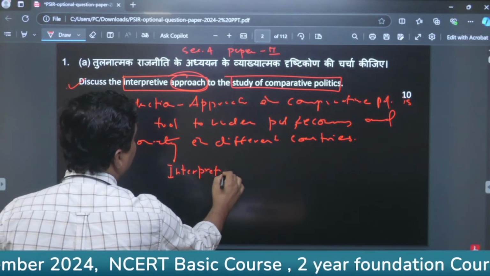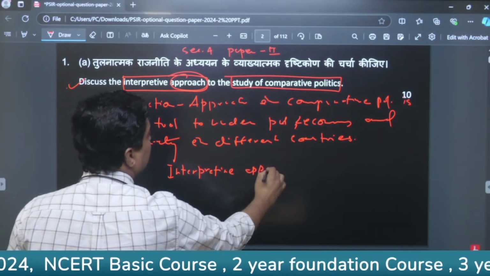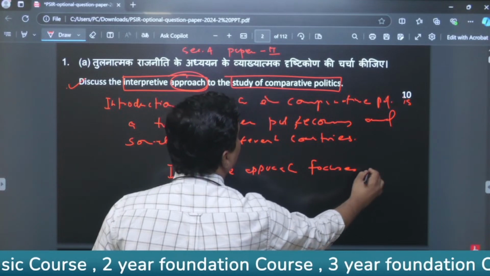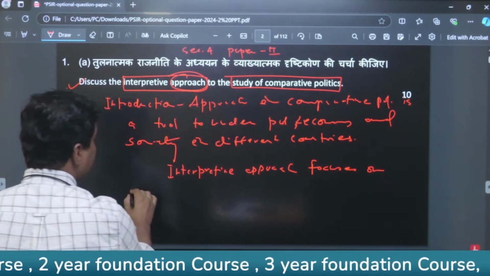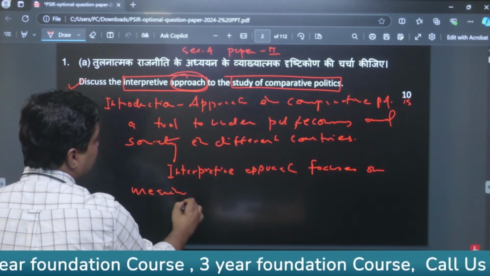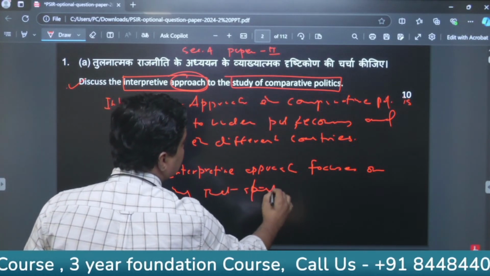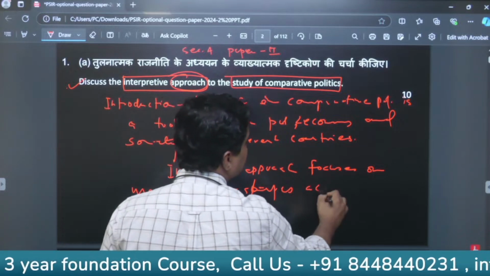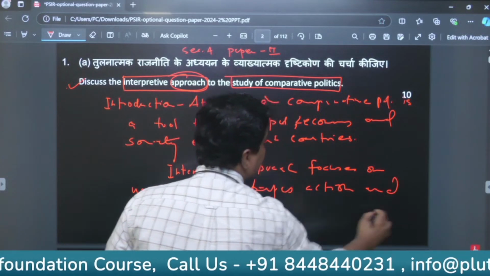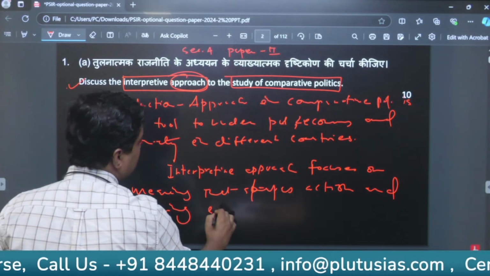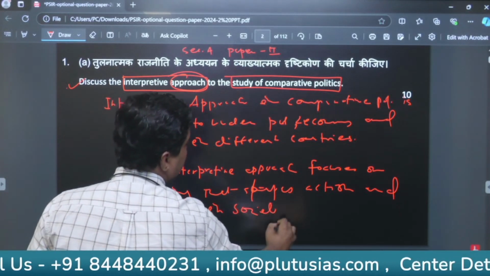The interpretive approach focuses on meaning that shapes actions and meaning in society and politics.